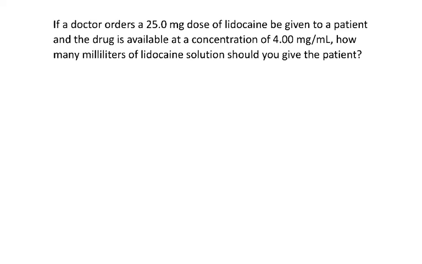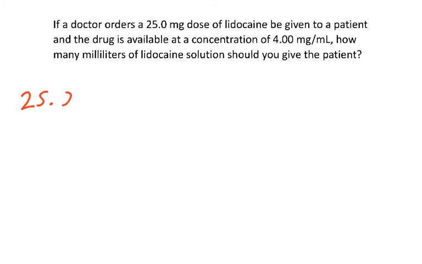Here's the next one. A doctor orders a 25 milligram dose of lidocaine be given to a patient, and the drug is available at a concentration of 4 milligrams per milliliter. How many milliliters of lidocaine solution should you give the patient?